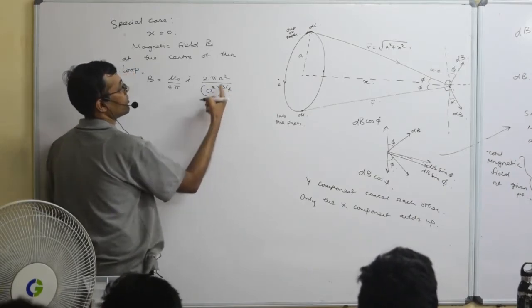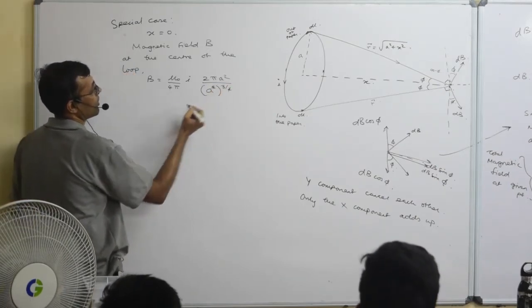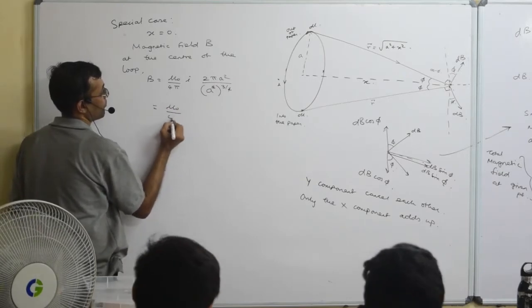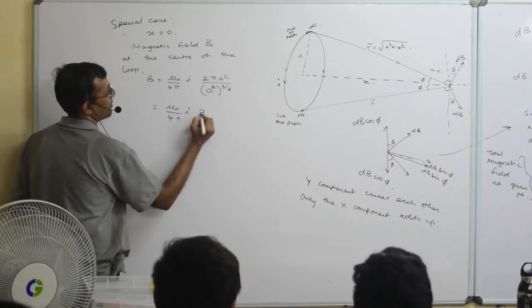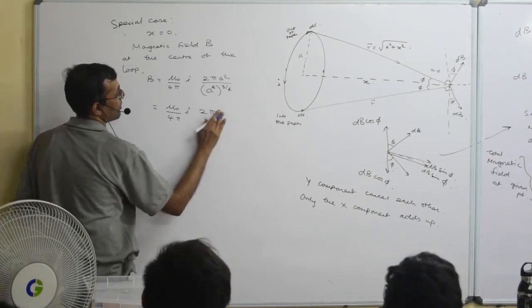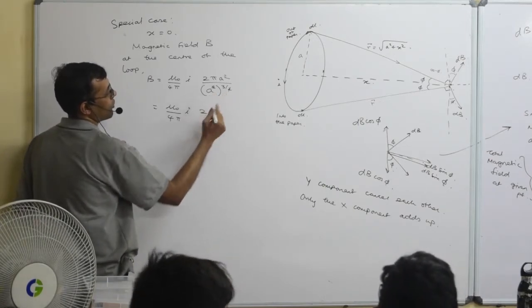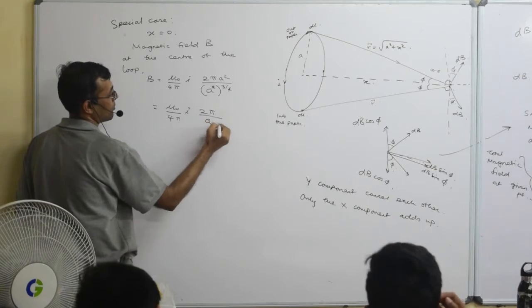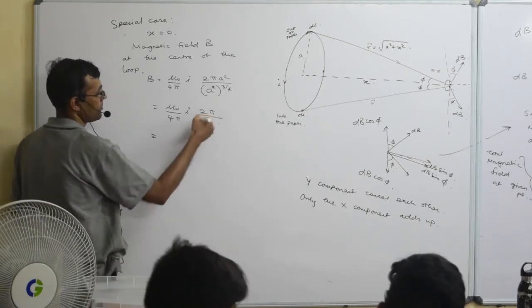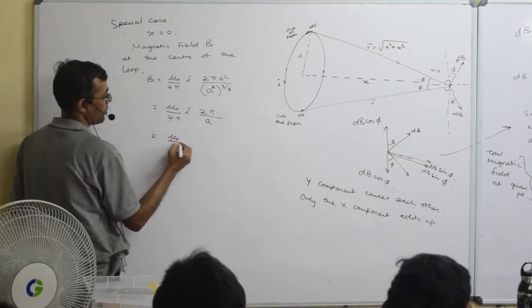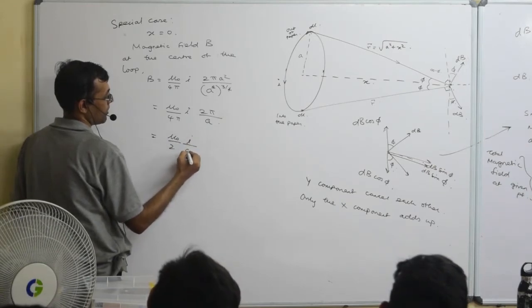So a cube and a squared cancel, so I'll get a in the bottom. So mu naught by 4 pi I 2 pi a squared by a cube, so a squared cancels, so I will get a. Pi cancels, so I will get mu naught by 2 I by a.